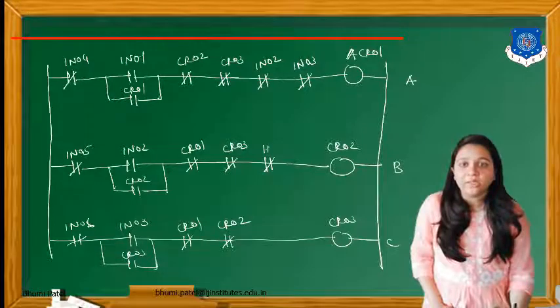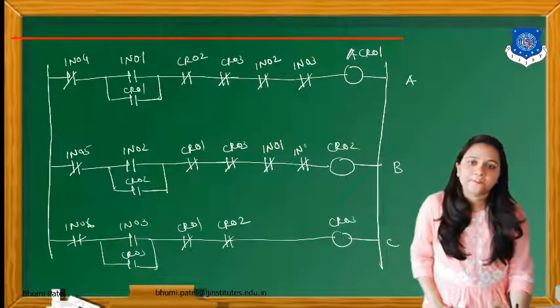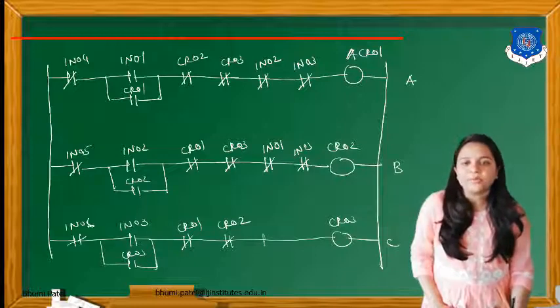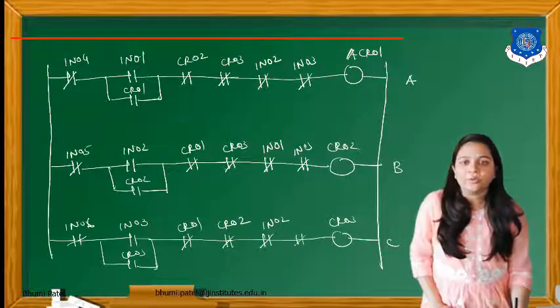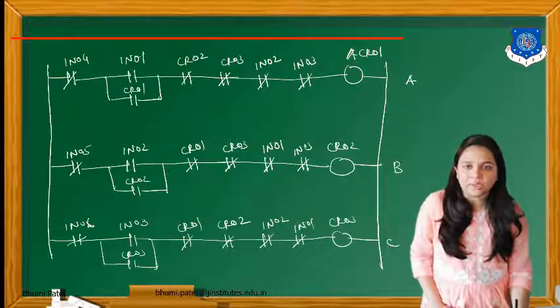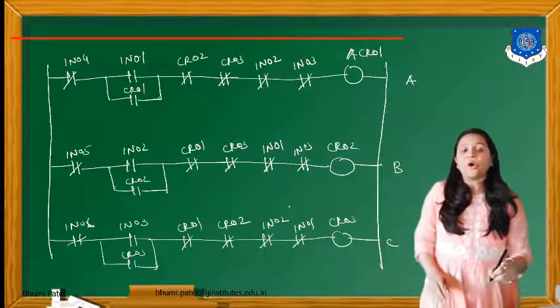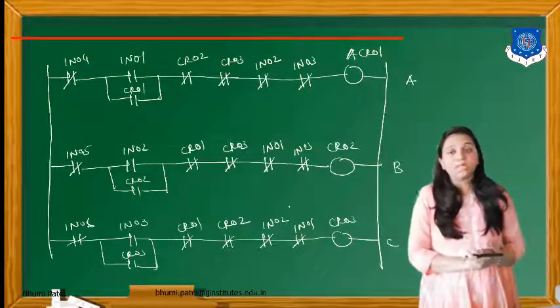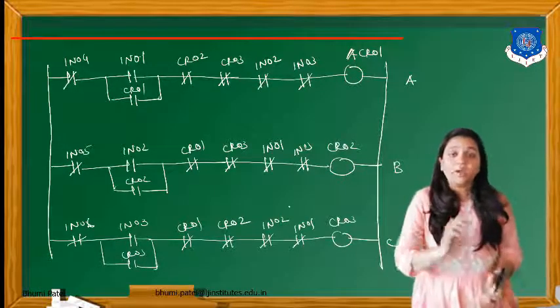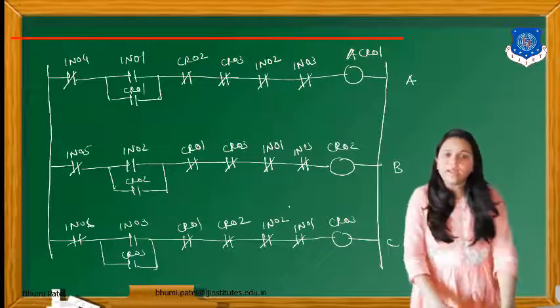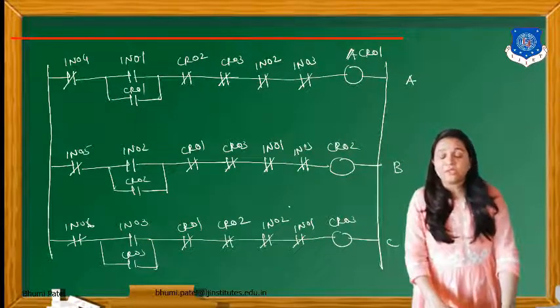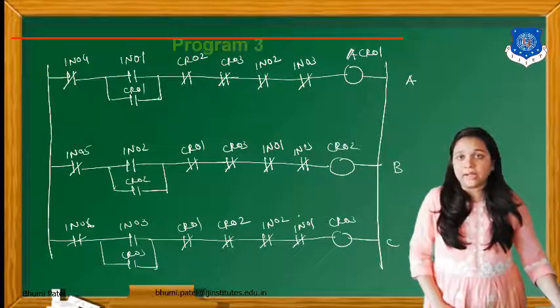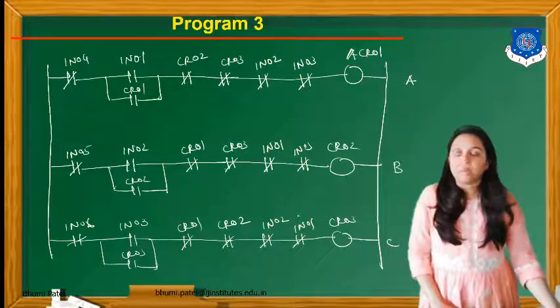For machine B, it is IN01 and IN03. And for machine C, we can put the interlocking IN02 and IN01. So all this connection is for the interlocking, because the condition in the program is that only one machine will run at a time. Okay, so this is the ladder logic diagram for program number 3.